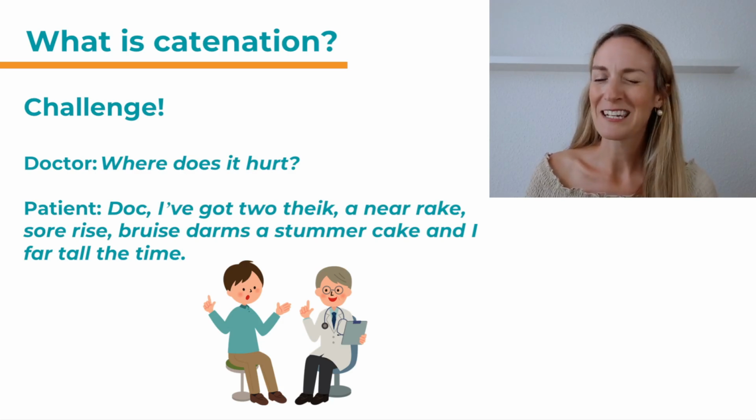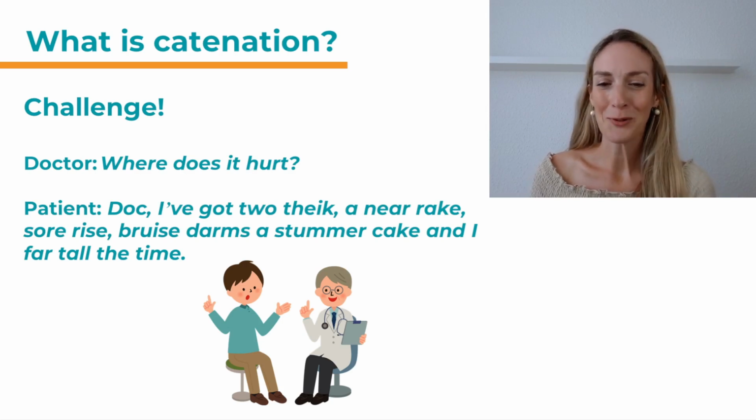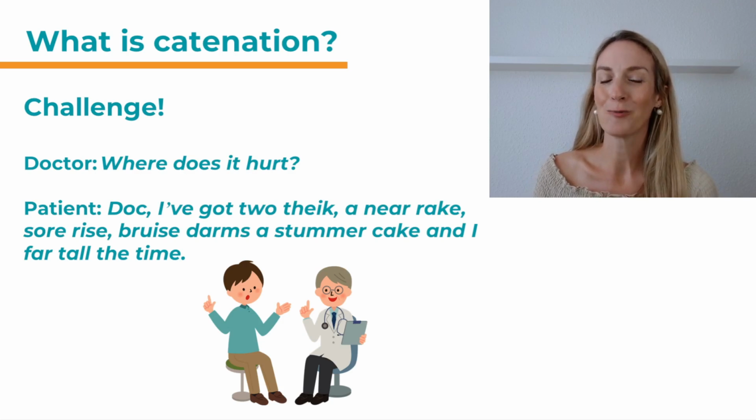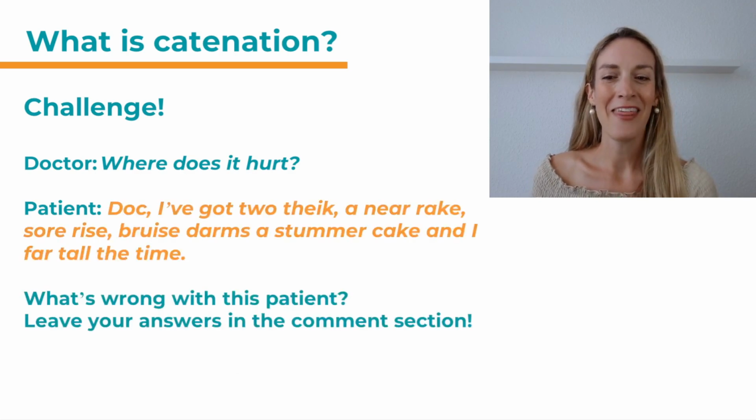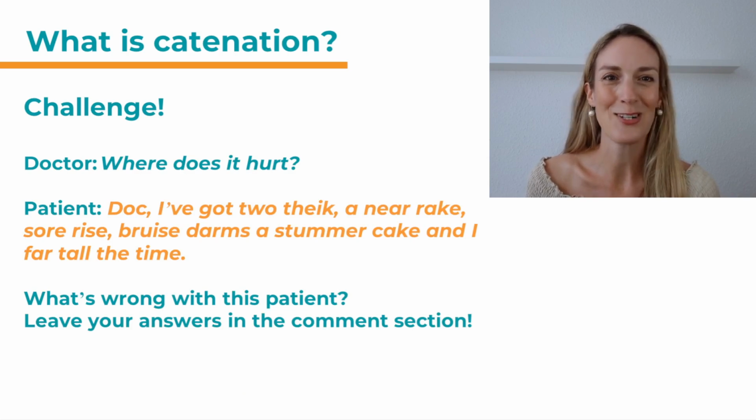Now you have to say it a bit faster. Pause the video, say it fast to yourself, and you'll figure out what is wrong with this patient. And then make sure you leave your answers in the comment section below, and I promise to get back to you to check them all.